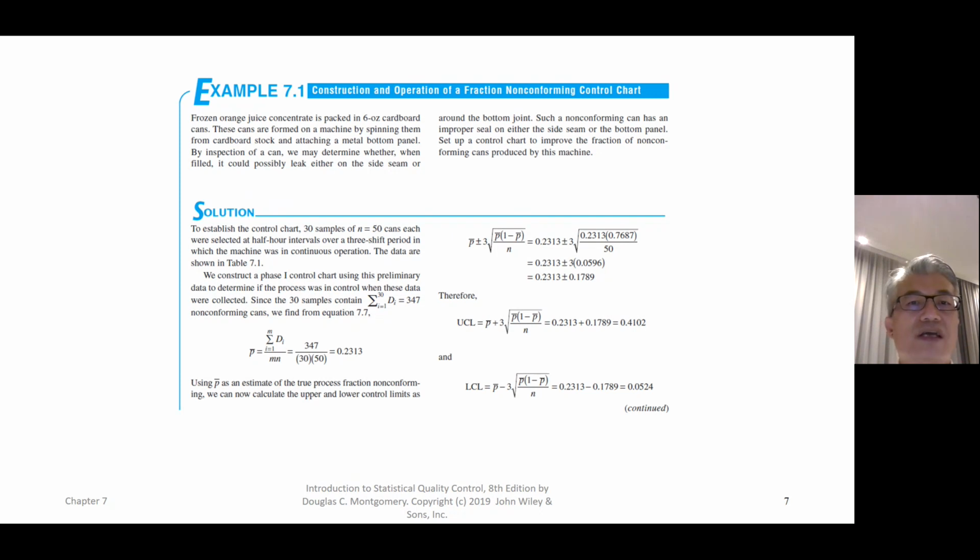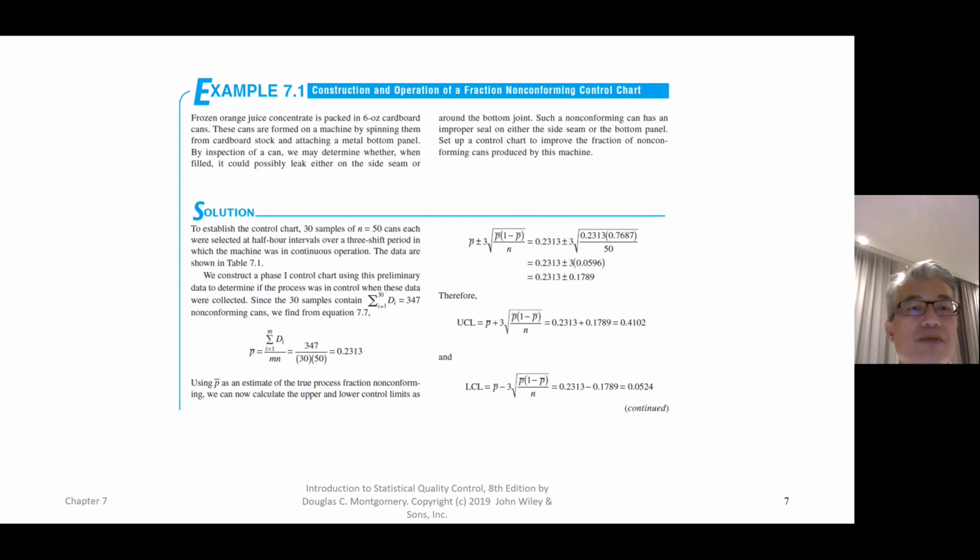Then, if the process is in control when this data was collected, since the 30 samples contain a total of 347 defective items, non-conforming cases, we find based upon Equation 7.7 that p bar is equal to 0.2313.